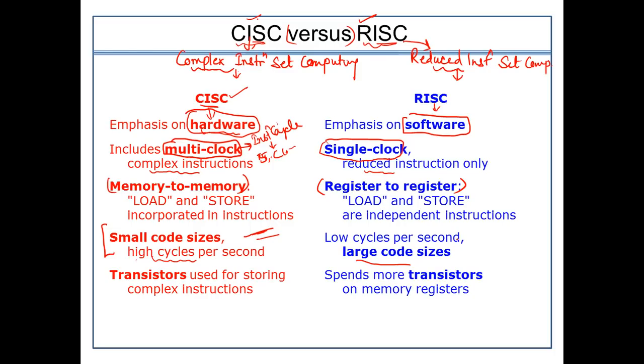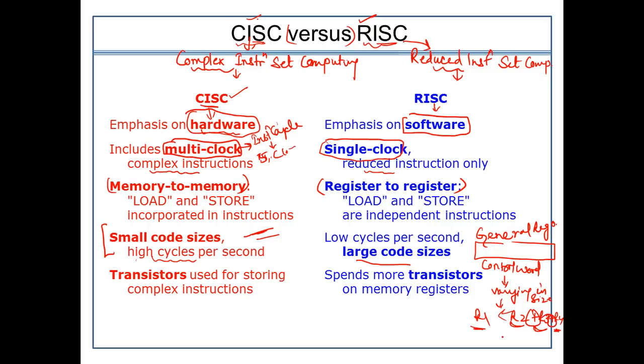A simple example: when I was teaching you the concept of general register organization, I was talking about the control word. The control word varies in its size. If I take the example of a simple instruction like R2 plus R3 plus R4 and so on up to R1, where the data is to be stored, I have to refer to this address, this address, this one, and this one, and then also tell that we would like to perform the addition.